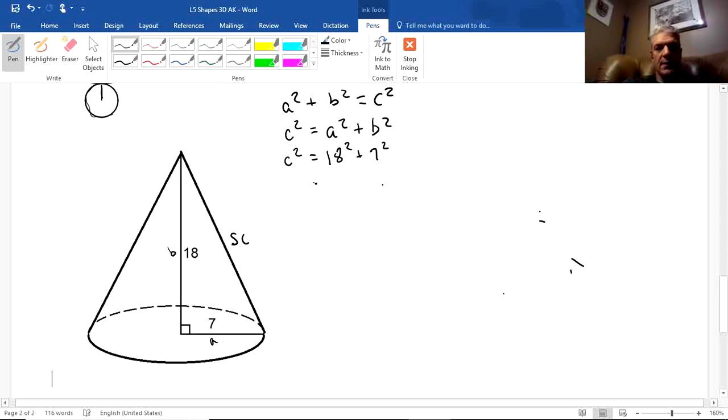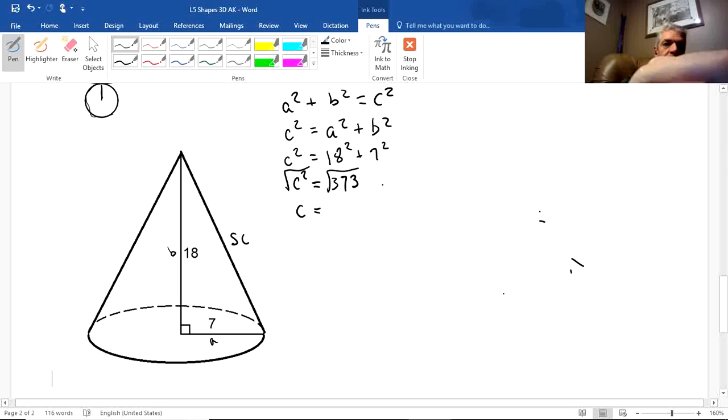Okay, so C squared equals 373. And C then equals the square root of that. I'm going to square root both sides, because remember, the rule of solving equations is always whatever you do to one side, you do the same to the other.